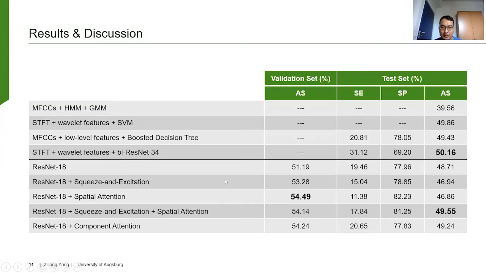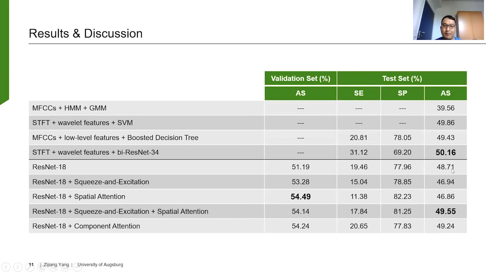The lower 5 rows are our proposed work's results. Our baseline, which is the ResNet 18 without any attention mechanism, achieved 51.19% average score on the validation set, and on the test set it achieved 48.71%.